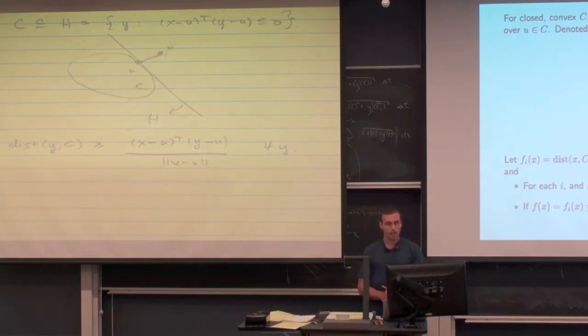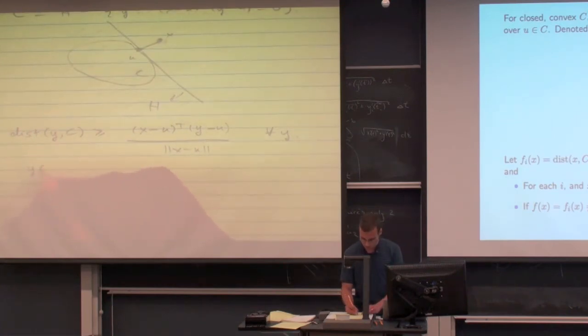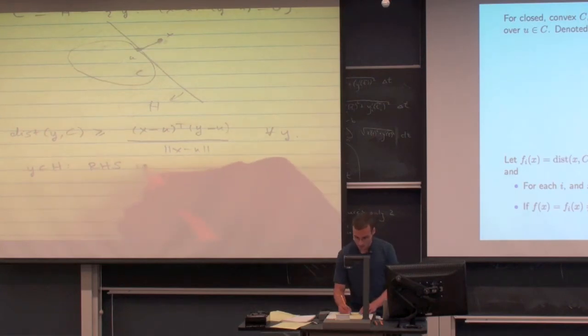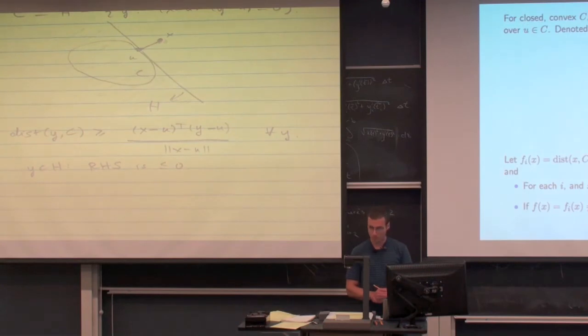Let's check it for y in H and y not in H. So for y in H, well, the right-hand side for y in H is actually non-positive. Right? Because by definition, H was the set of all vectors y for which this is non-positive, so this is going to be clearly less than or equal to a distance, so we're fine. Yeah, question?